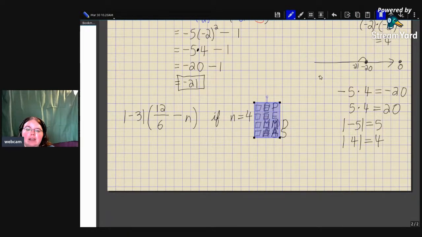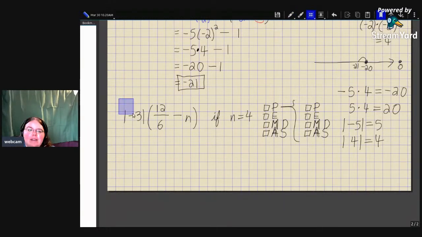I'm going to make a second copy of our checklist, and I'm going to say, okay, within those parentheses, we will apply the order of operations again. Now, we would also like to put in that value of that variable so that it's there and ready to go when we need it, so we don't have to come back for it.